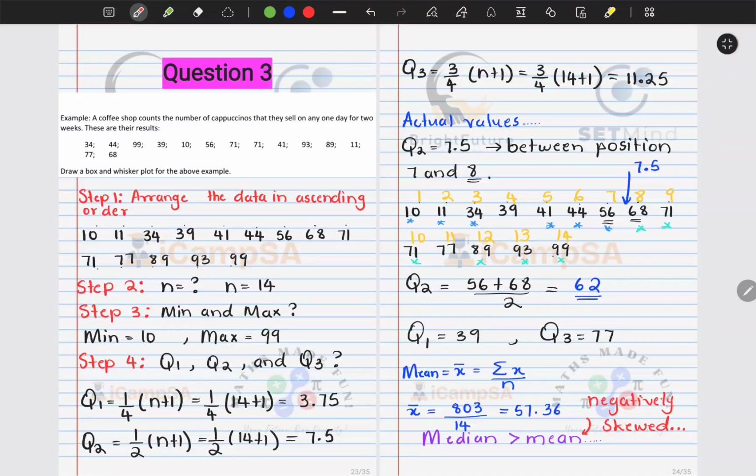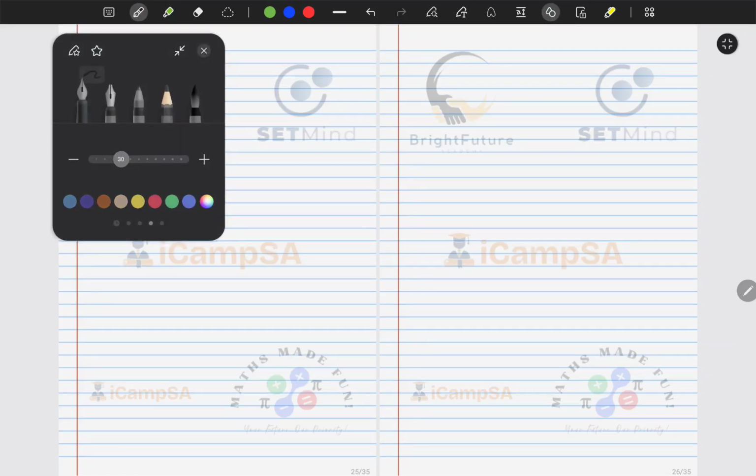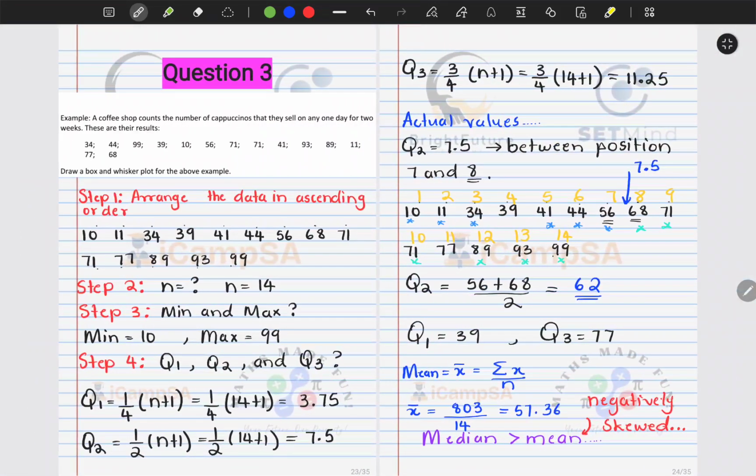So let's go ahead and try and sketch this. Okay, so we are going to have something that is like a number line kind of thing, right? And our numbers, we have from 10. So if you observe carefully, we have 10 up until 99.